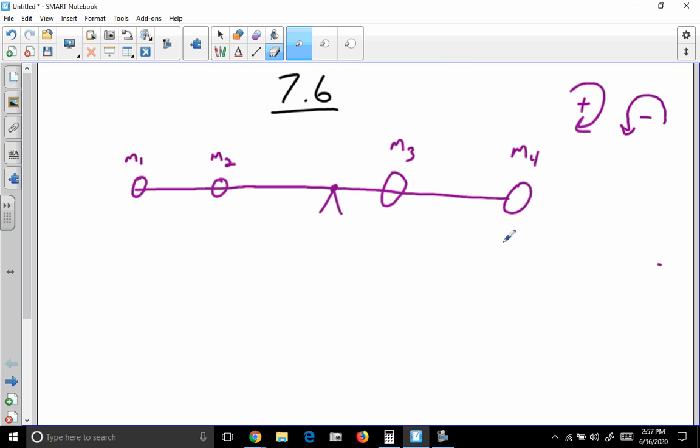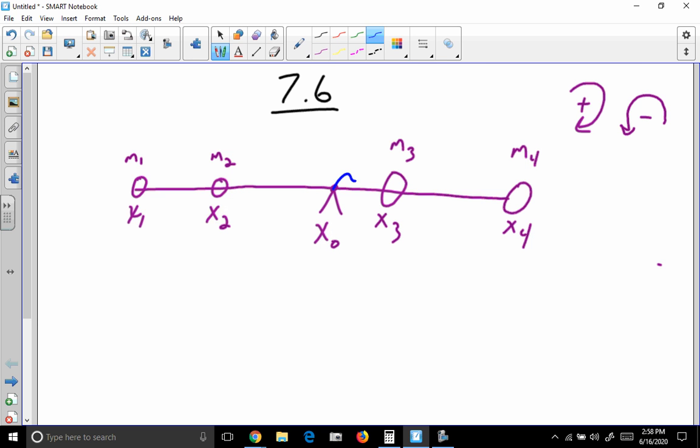So we go back and look. Let's call this x position x sub 0. This would be x1, x2, x3, and x4. So this distance, sometimes we refer to that as the moment arm, is this x value minus this x value.